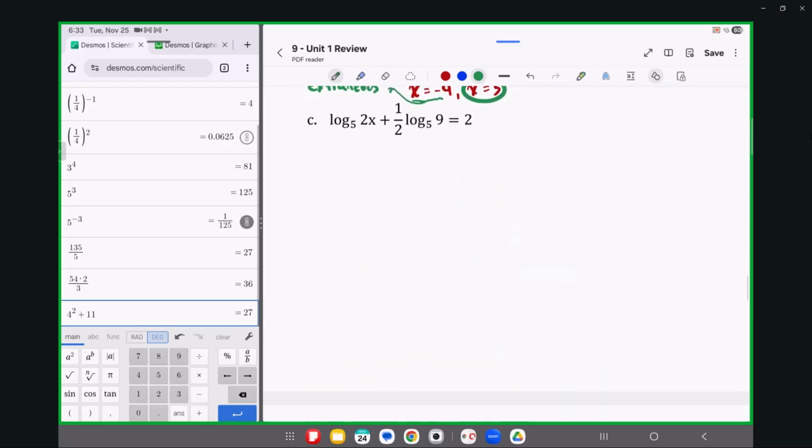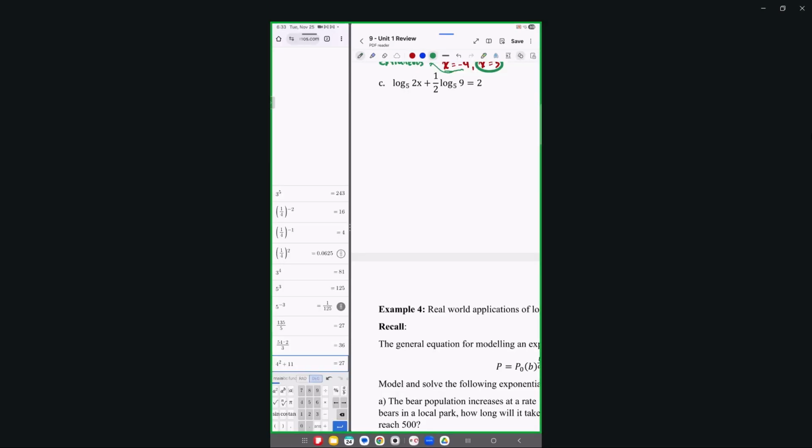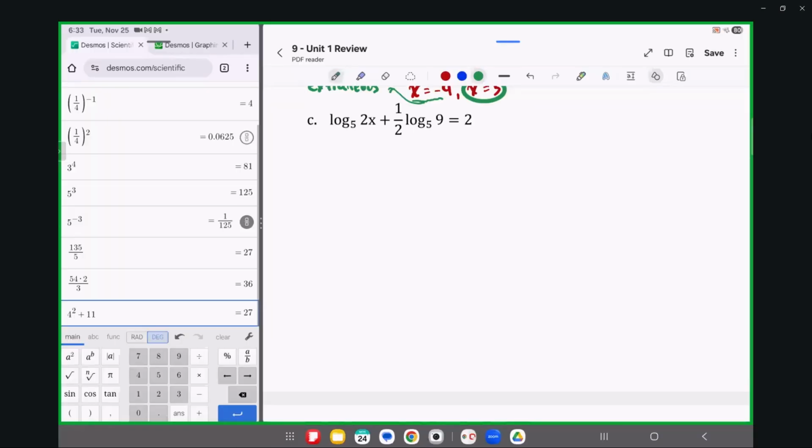Letter C, we have log base 5 of 2x is equal to 1/2 of log base 5 of 9. Just like before, what we want to do is simplify the expression. But the first thing we want to do is bring that 1/2 up to the 9.